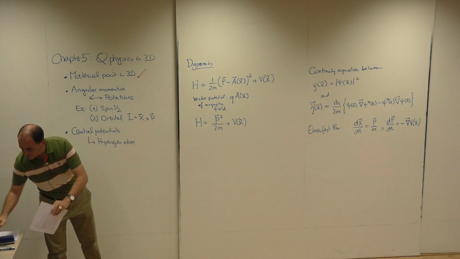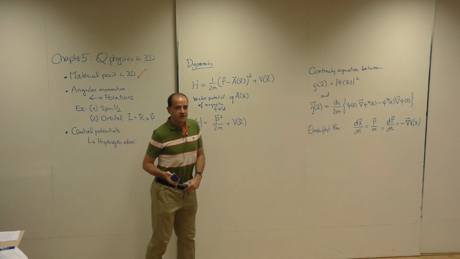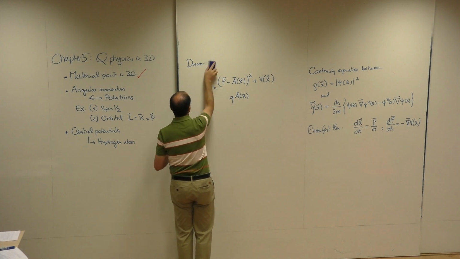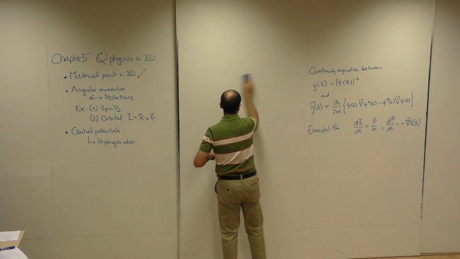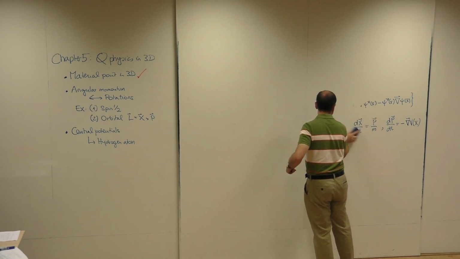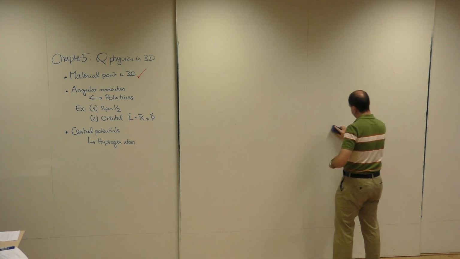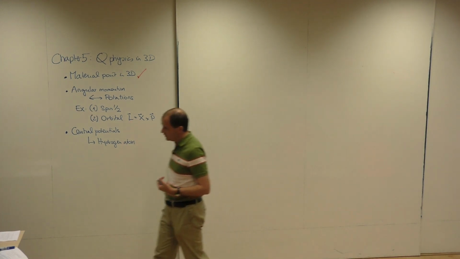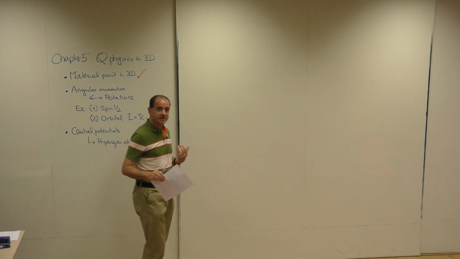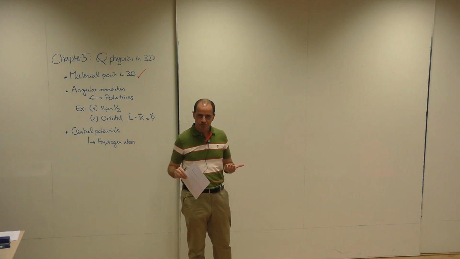And now we go to the real topic for this lesson, that is angular momentum. Because I have not discussed symmetries, the angular momentum may come a little bit out of the blue.